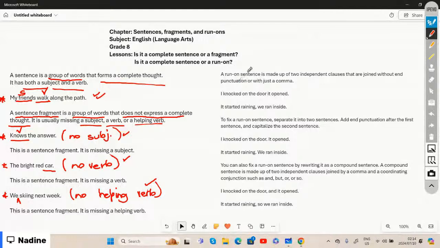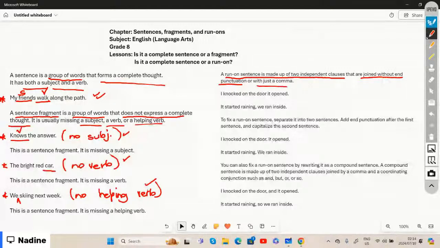And then we have a run-on sentence that is made up of two independent clauses. These two independent clauses are joined without an end mark. So it's either joined without an end mark or it basically just has a comma.